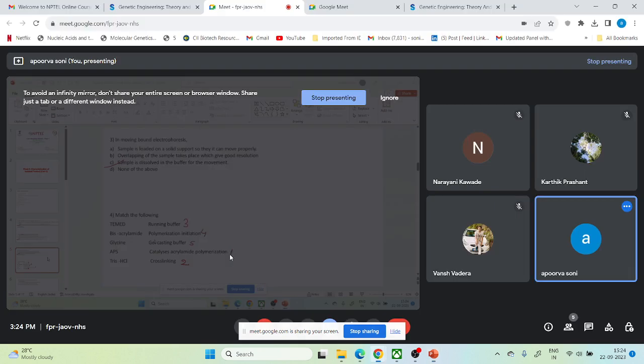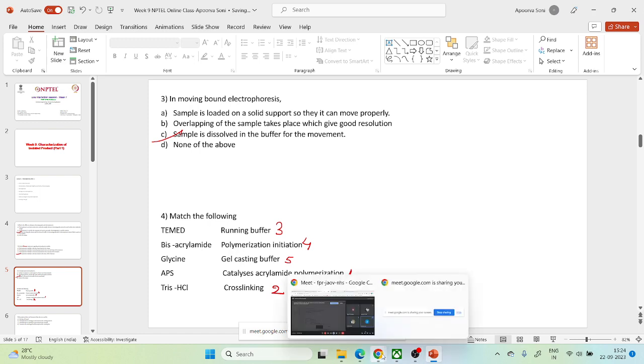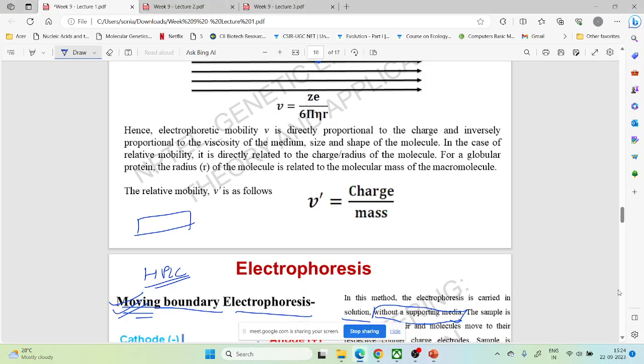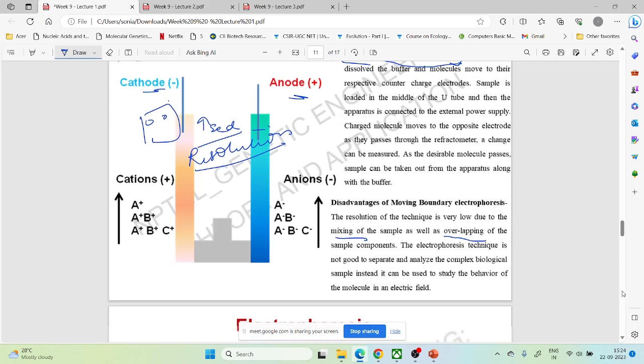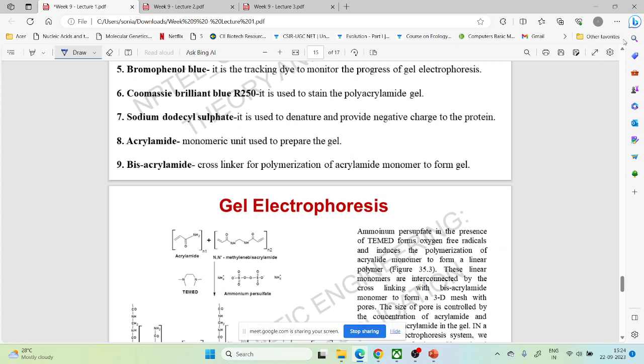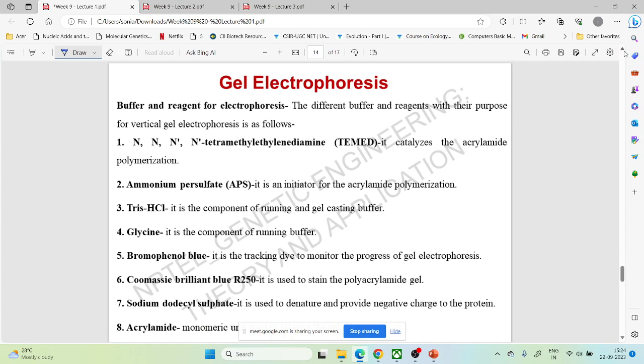So TEMED is used for the acrylamide polymerization. It catalyzes the polymerization.